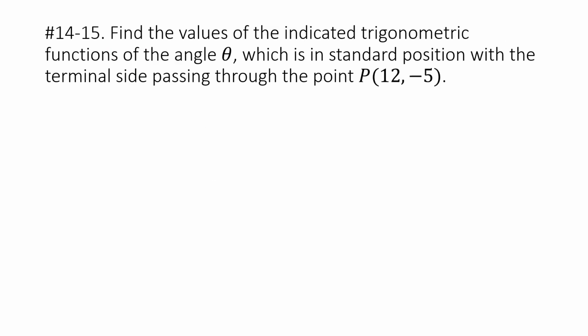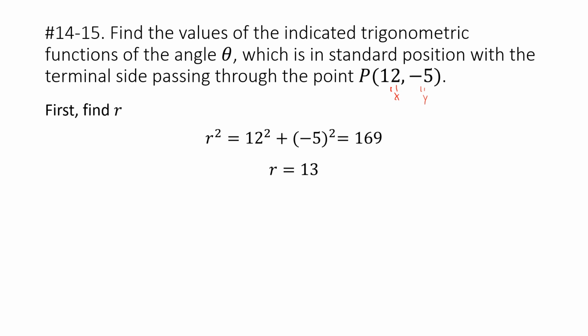Okay, your practice problems number 21 to 23. We want to find the value of the trigonometric functions of angle theta, which is in standard position with terminal side passing through the point (12, -5). So this is my x value, this is my y value. We have to find r. r squared equals x squared plus y squared. r squared is 169, so r is the square root of 169, 13.